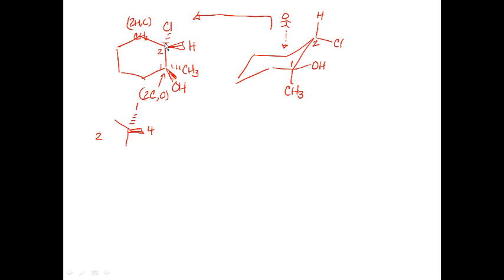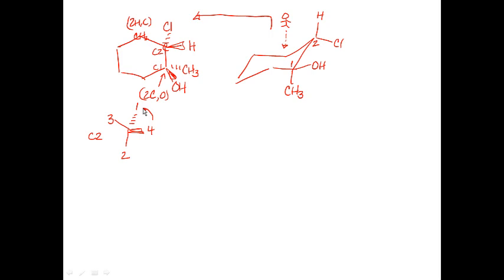So if I start with carbon 2, I'm looking at the lower group being the 2nd priority after chlorine, and then the CH2 group being the 3rd priority. So here is my ranking of the 4 groups, and I'm going to put a C in front of that just so we don't get confused with the numbers. Now I have to move the 4th priority group to the back. If you want to group switch that, that's fine.